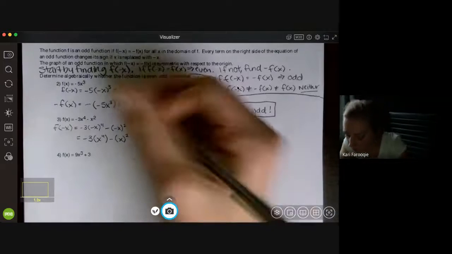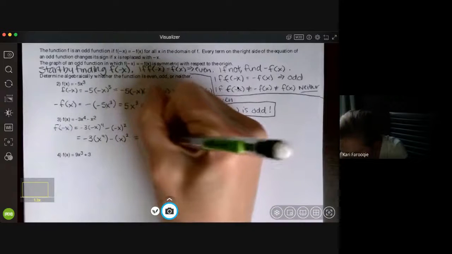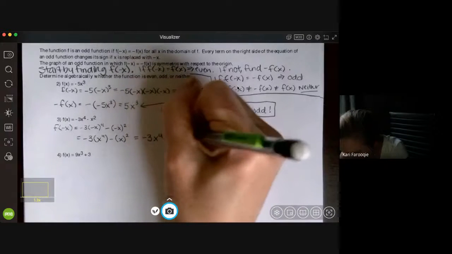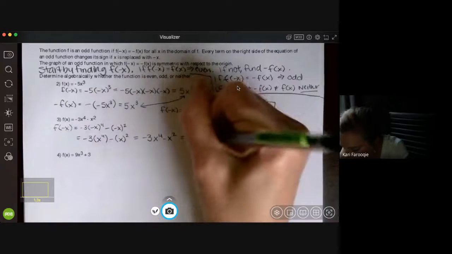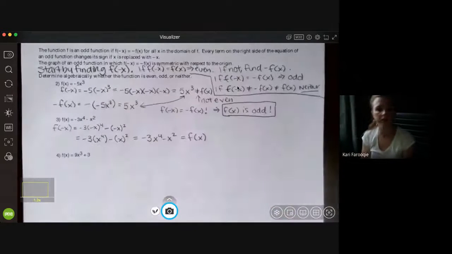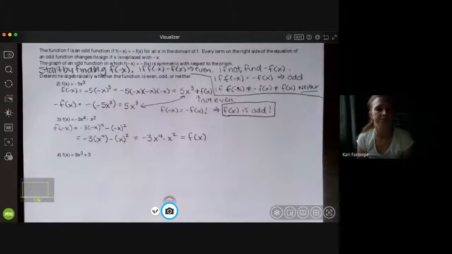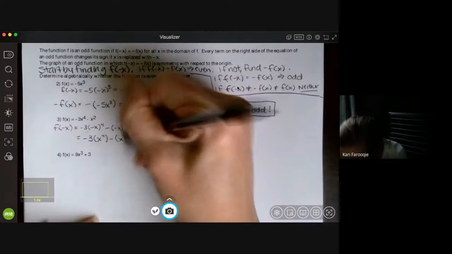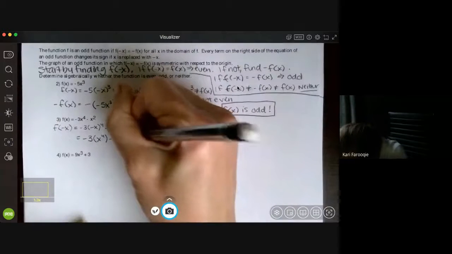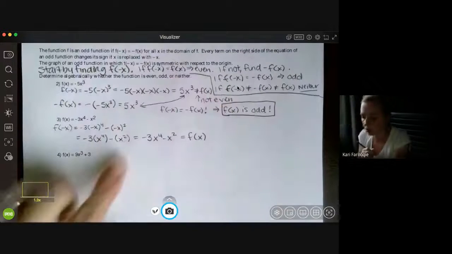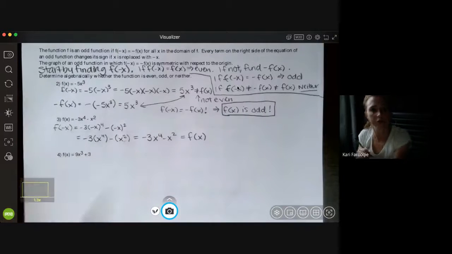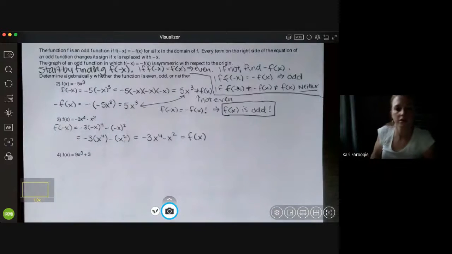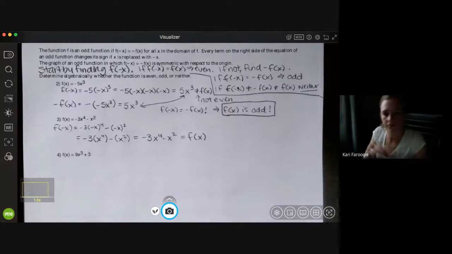Negative x times negative x is just x squared. Now, I put parentheses on it. If you want to take them off, be my guest, and you end up with f of x. And just to make this match, if I was going to put parentheses around the first term, I should have made it match in the second term. So I'm just moving that parenthesis over. Again, they're non-essential. I just wanted to make sure it was matching.